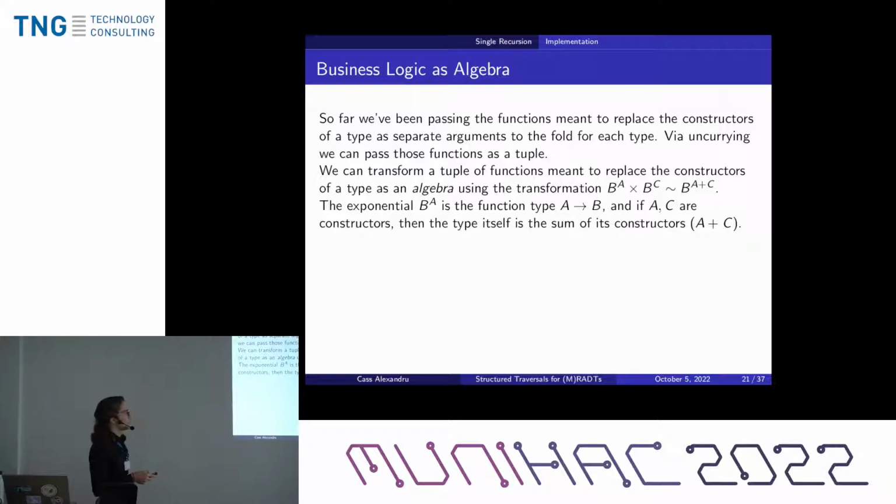In any case, you can look at the resulting type A plus C as a sum of the constructors that make up a type.